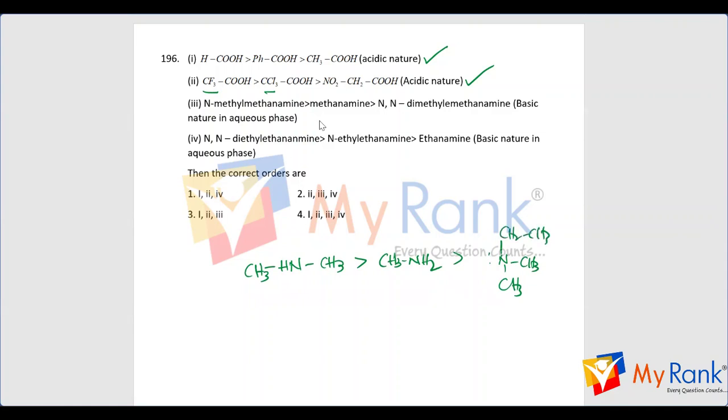This is tertiary, in which solution? Aqueous solution. Yes, tertiary in aqueous solution is less basic. In anhydrous state this will be more, but in aqueous solution less. Therefore, the third statement is also correct only. First statement correct, second correct, third correct. N,N-diethyl ethanamine is tertiary, so this is the least basic. Fourth one is wrong. Therefore, your correct option is the first, second and third, all three correct. So the third option is your correct option.